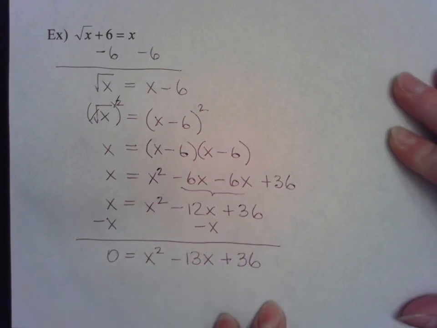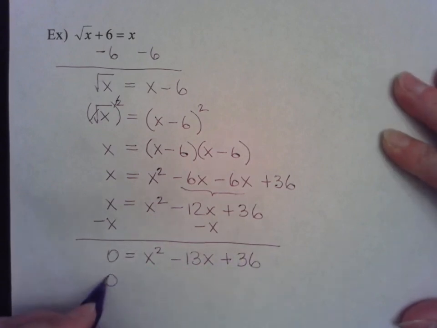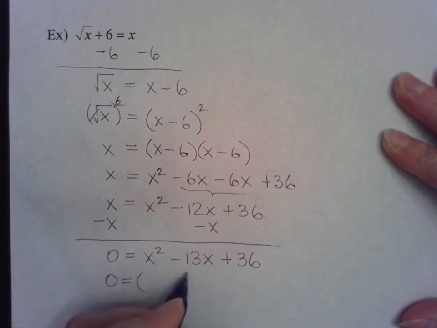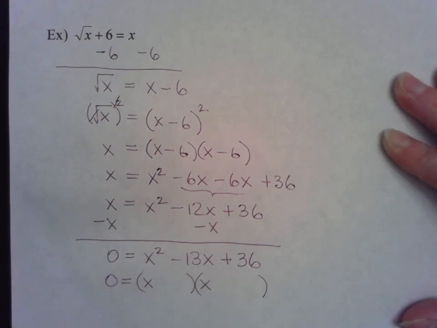And then I'm really hoping that this is factorable. I like to try factoring first because usually it's faster. If I got stuck, then my personal preference is to fall back on the quadratic formula. Completing the square would also be a good choice.